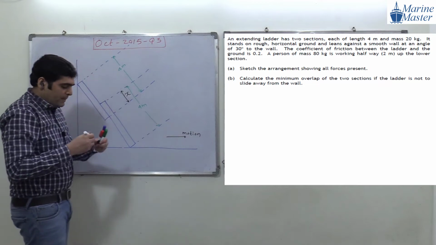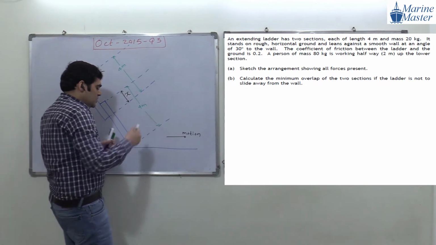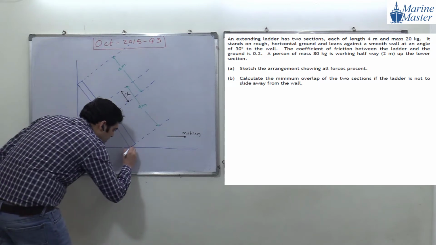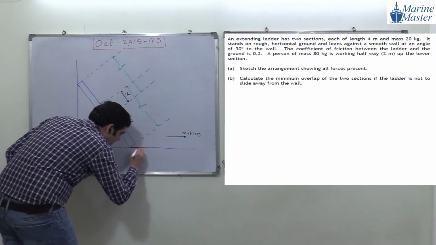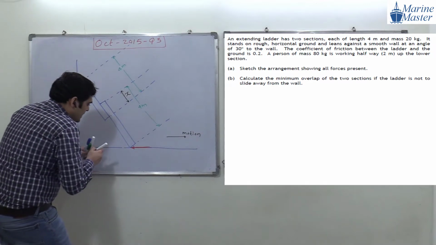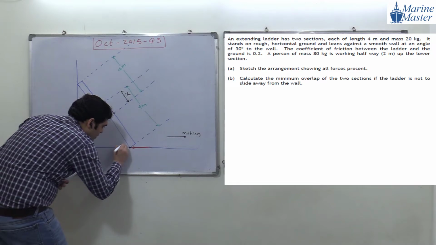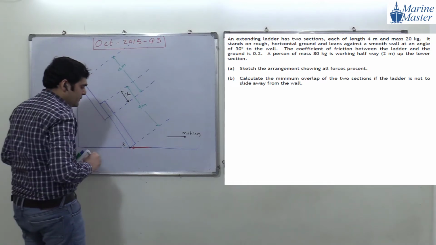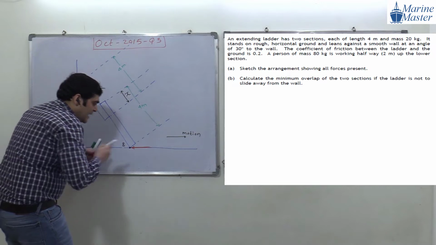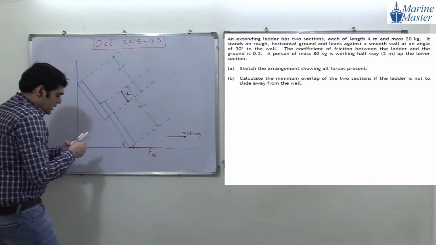But if you want to prevent this motion, then friction force will come on this side, like this. We assume this point as the B point, so this friction force we will consider as FRB.